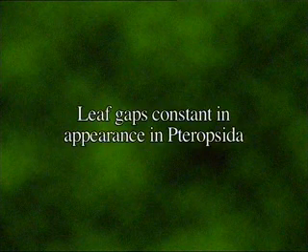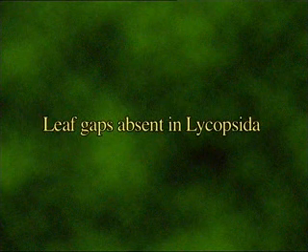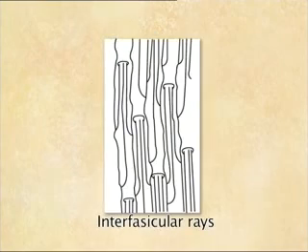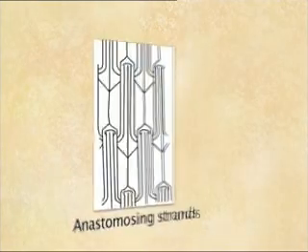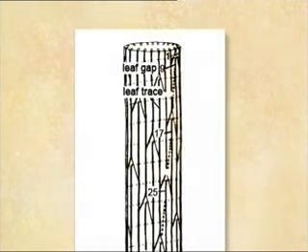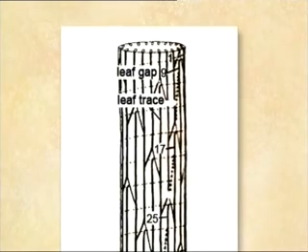Leaf gaps are a constant appearance in the great group of vascular plants known as Filicopsida. Leaf gaps are absent in Lycopsida, a group which includes club mosses and a few other similar plants. In plants with a vascular system composed of anastomosing strands, like certain ferns, the gymnosperms and most angiosperms, the recognition of leaf gaps is rather uncertain, because in these plants the parenchyma that occurs above the diverging leaf trace is confluent with the interfascicular regions.